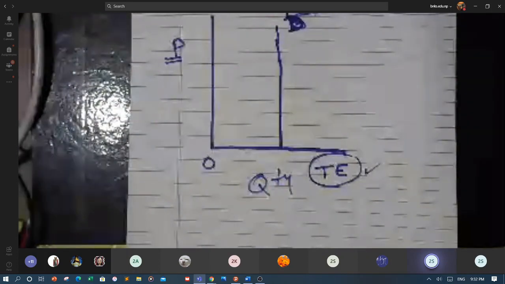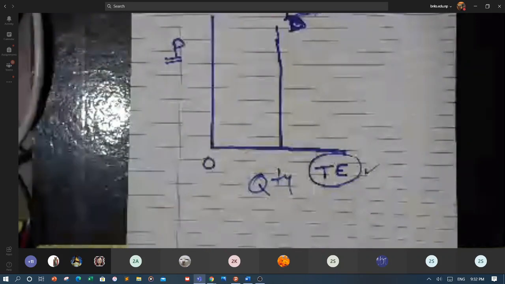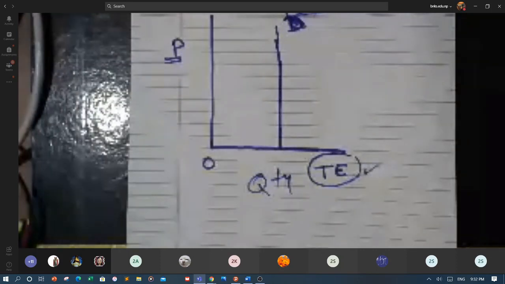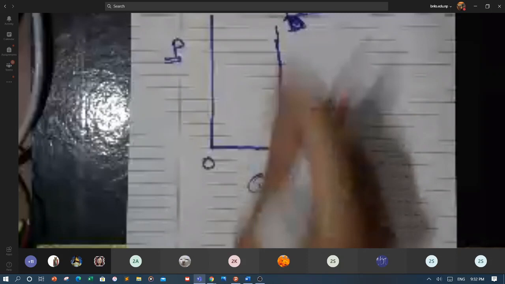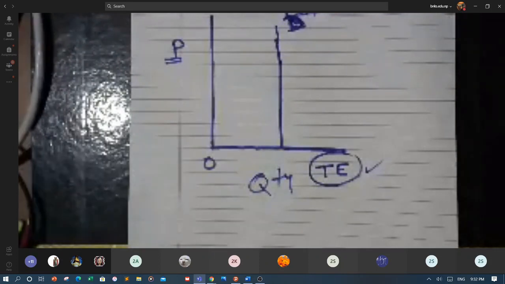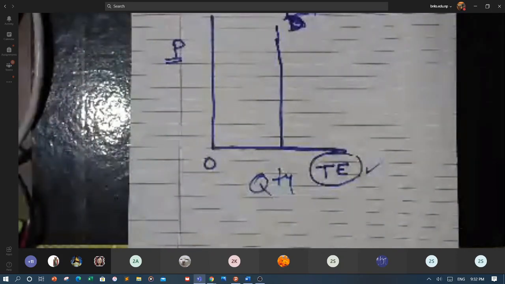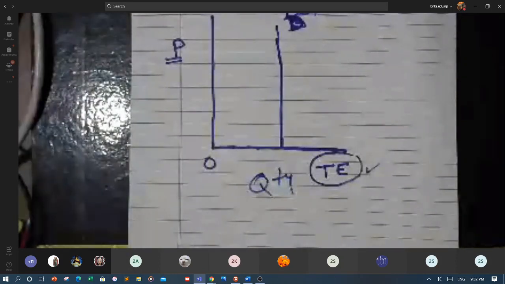There is no way, because perfectly elastic means a minor change in price causes an infinite change in quantity demanded. But here total expenditure is remaining constant, and I did it from the total expenditure method. There is no connection at all between perfectly elastic and this figure. Any other question, please?